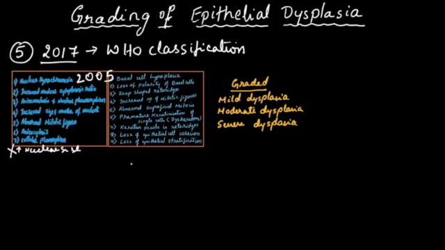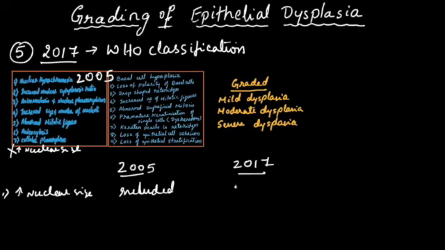Let's see how the 2017 classification is different from the 2005 classification. What are the modifications? The feature increased nuclear size was considered in the 2005 classification but was removed in 2017.